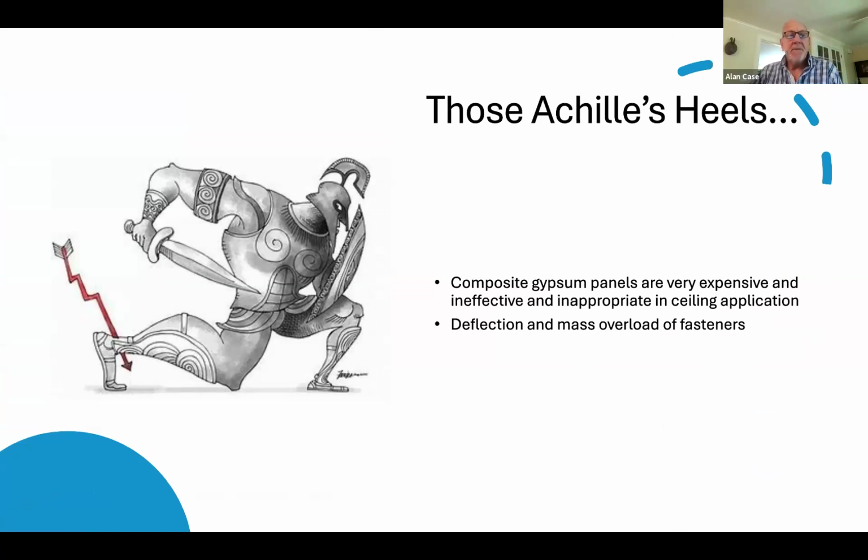Damping adhesive, we see it. You see Green Glue and some other products on the market that they use to fasten, or not really fasten, but to add a damping membrane between two gypsum panels. They offer very, very little performance. And again, they suffer from short circuiting because those panels have to be attached to the framing.